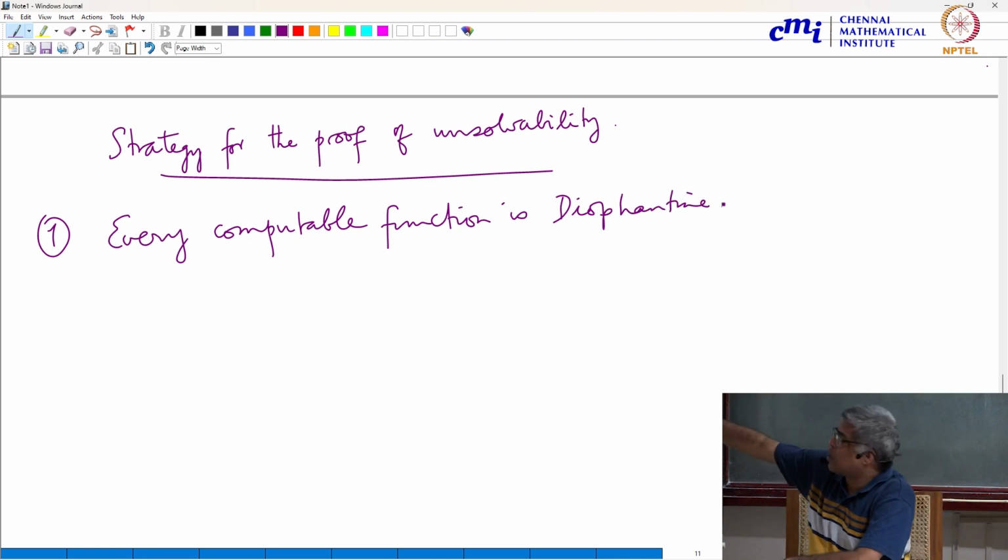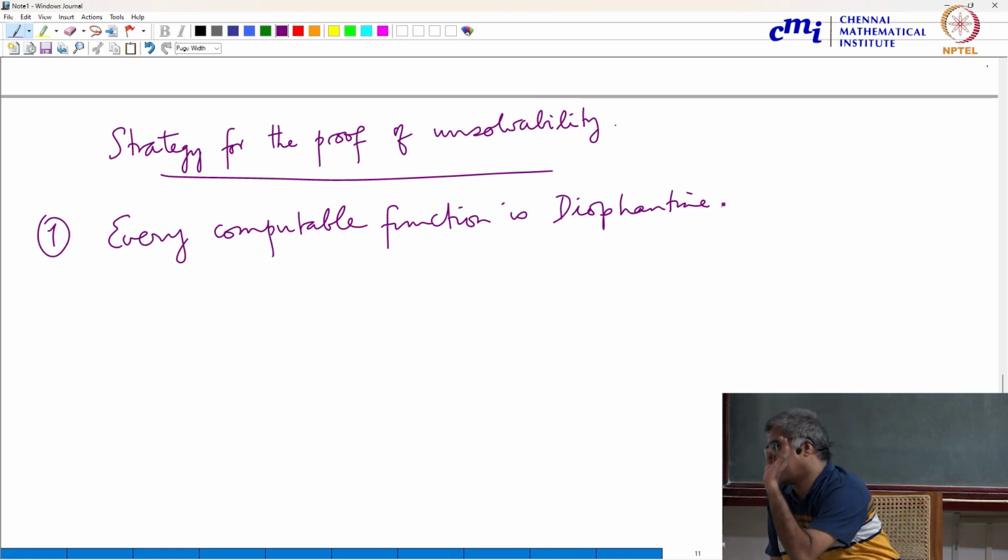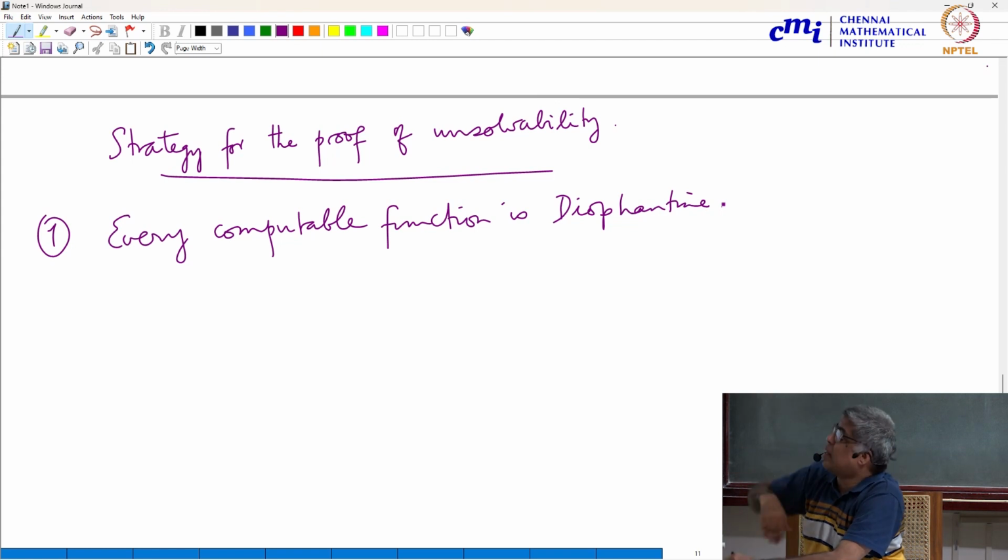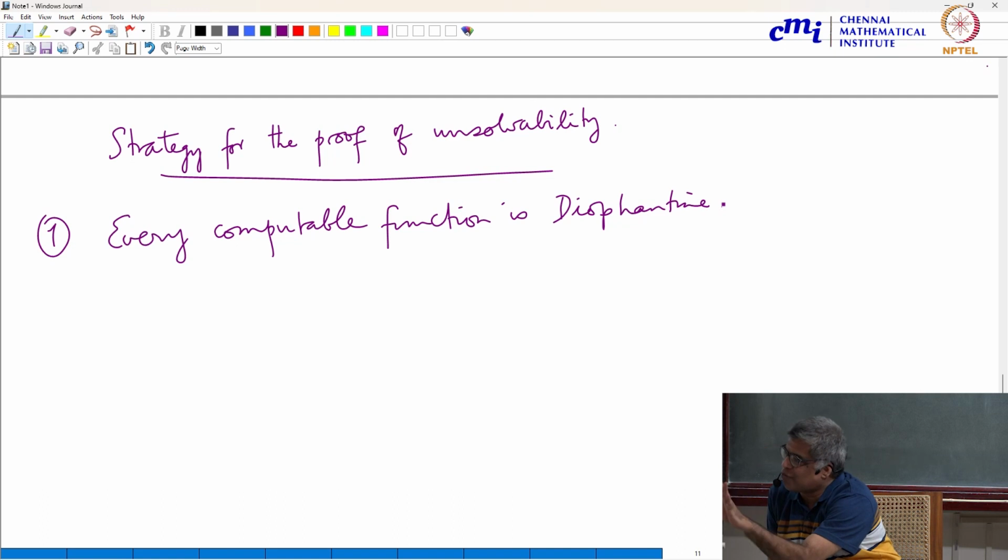Okay, what do I mean by a computable function here? Take some informal definition. Think of any programming language, C, let us say. It could even be a very simple programming language, and you just want to know, can I write a program such that if you let the computer run without any bounds on time or space, if you give it input x, it will produce output f of x.